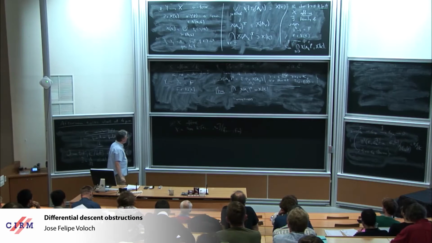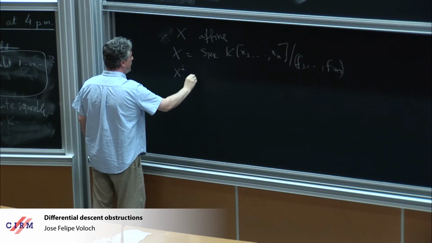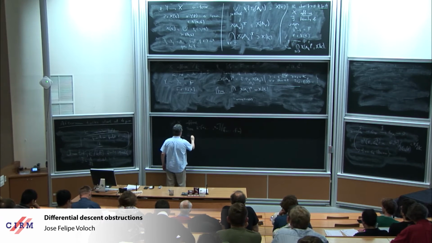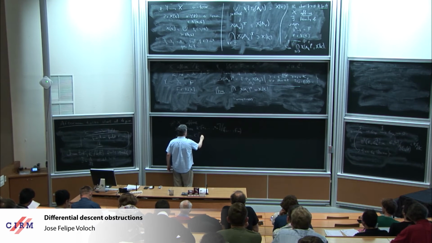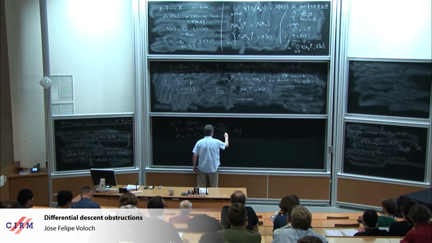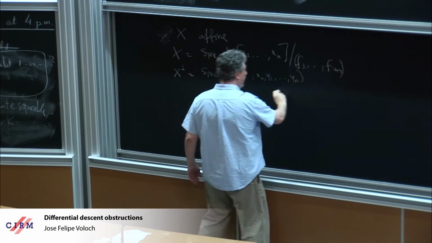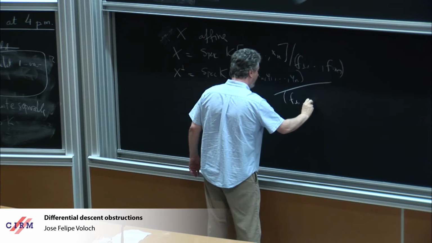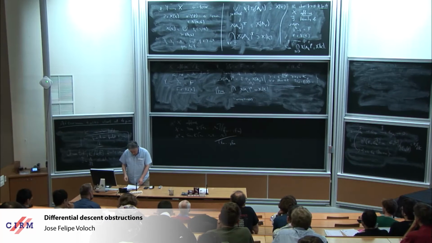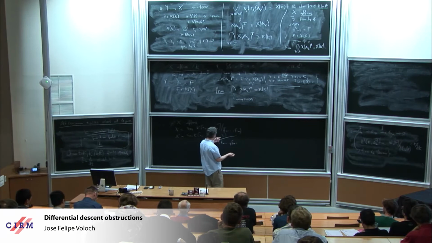Okay, and I want to define a scheme x1, which is going to be spec of k x1 xn y1 yn. So you double the number of variables, and then you mod out by the ideal generated by these guys, plus what you get when you differentiate something like that.